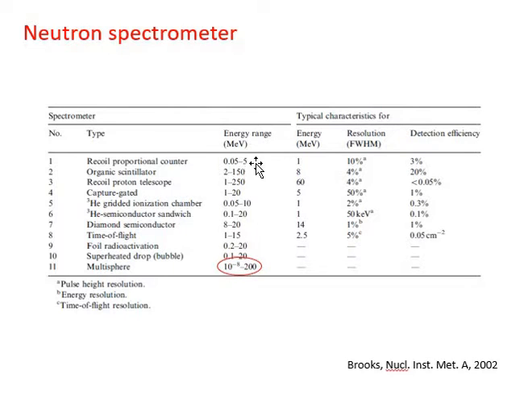In terms of the ability to measure the neutron spectrum, the neutron spectrometer that has the widest energy range is the multisphere spectrometer.